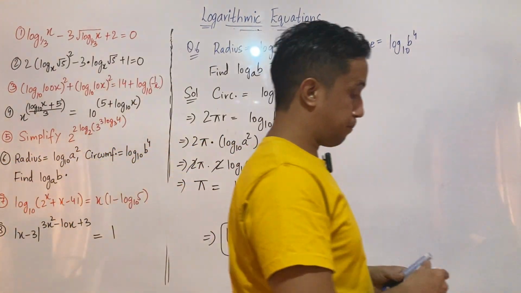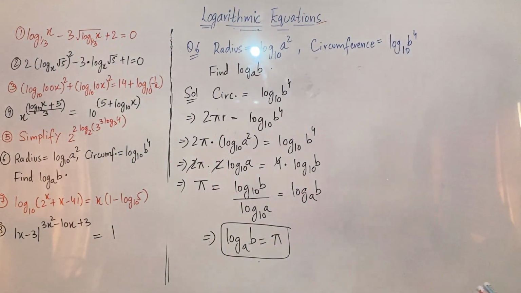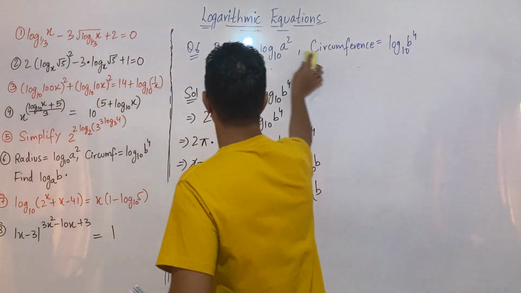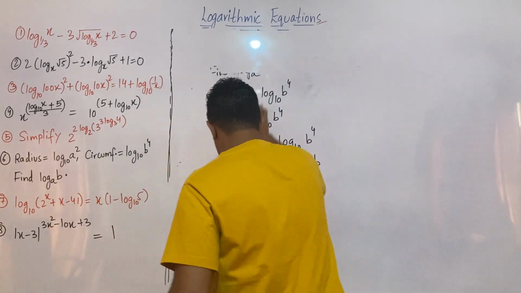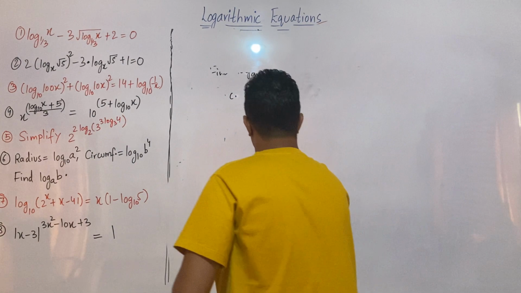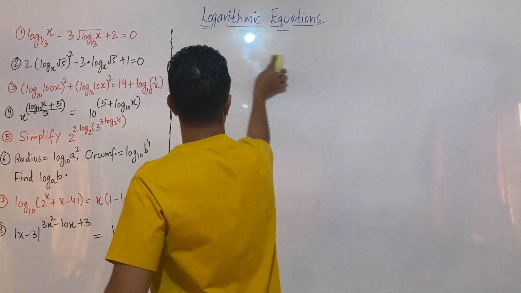So properties are very important and useful. Okay, now let's move to number 7. Let's move to question number 7.